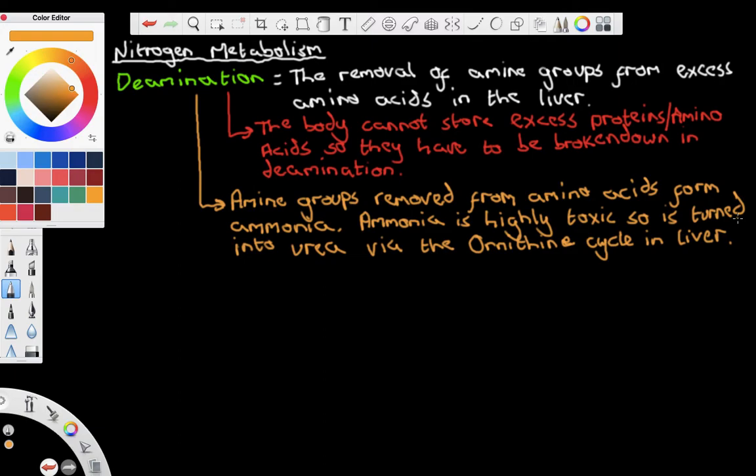Okay, so if we're starting with proteins slash amino acids, it's not acid, it's acids. These go through what's known as deamination. So we can have deamination to form ammonia, which is NH3.